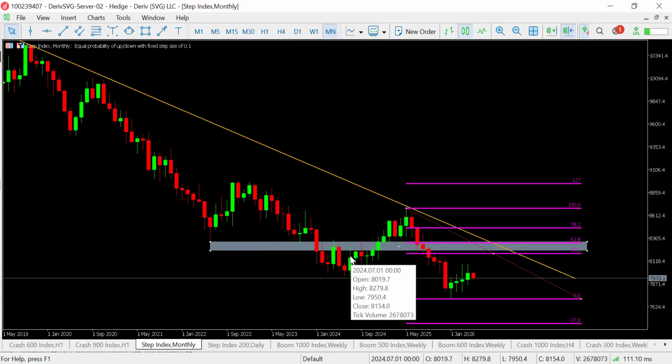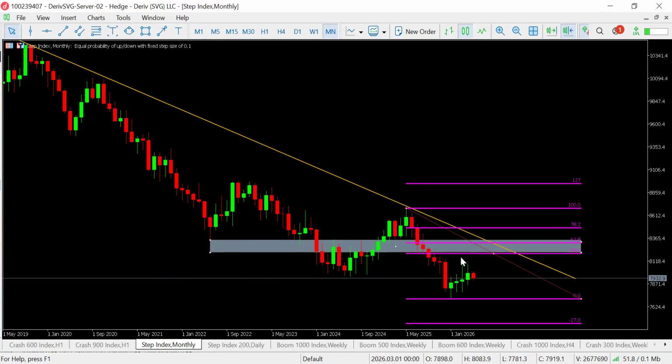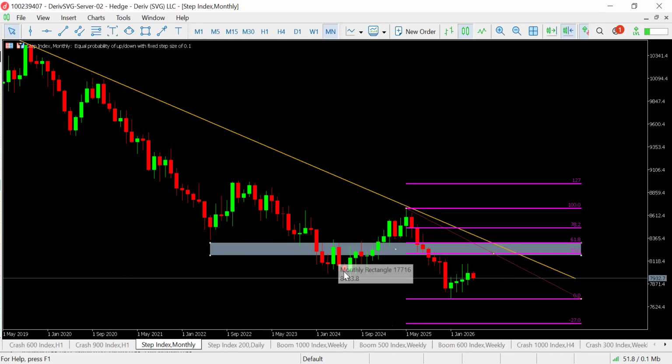One candle takes 31 days to form because Step Index trades 24 hours, 7 days, unlike the forex market. So that means on weekends you can keep trading this particular index. So you can see for 1, 2, 3, 4, 5, 6, 7, 8, almost a year, this level resisted price from moving upwards.